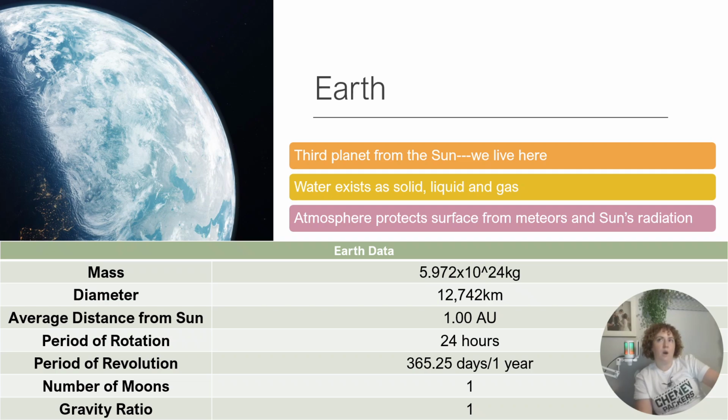We have the perfect atmosphere to protect the surface from meteors, from the sun's radiation, from a lot of galactic radiation, and things like that.